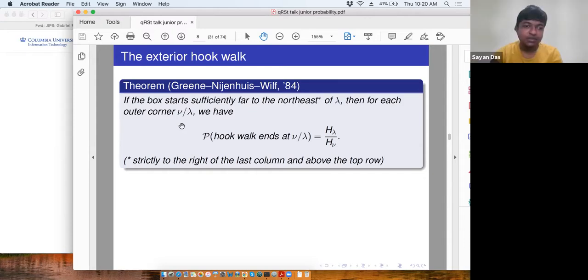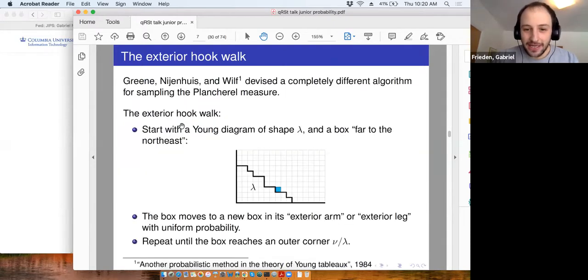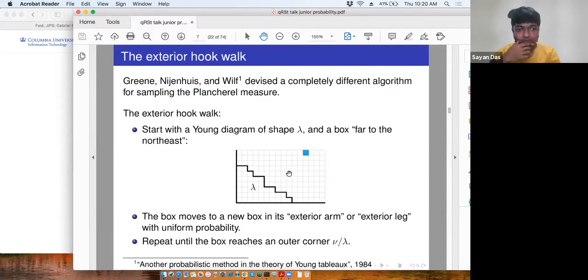Can I ask a question? Yeah. Does it not depend on the starting point of the box? Yeah, that's right. As long as you start in a position where you have access to all of the outer corners, you get the same probability. I see. If I were to start somewhere like here, or here, say I don't have access to this outer corner anymore, so then it's a slightly different probability. I see. Yeah.